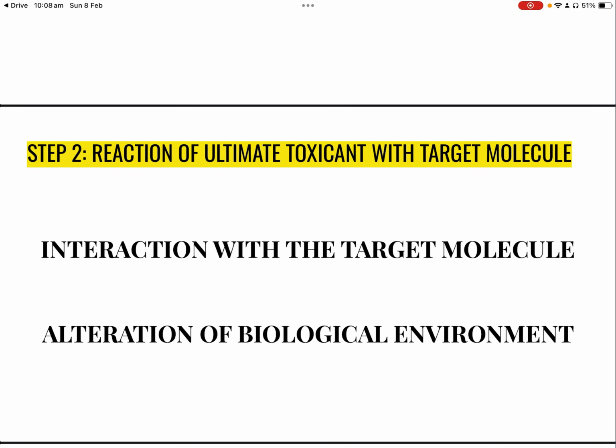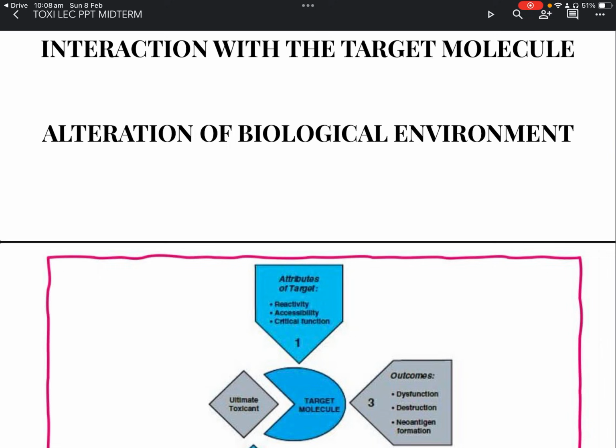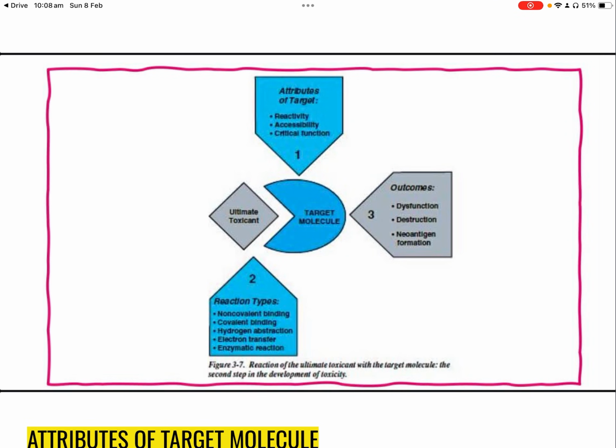Step 2, reaction of ultimate toxicant with target molecule. These are the processes: interaction with the target molecule and alteration of the biological environment. This is a photo from your book. The first one, if you could see here, is attributes of target.